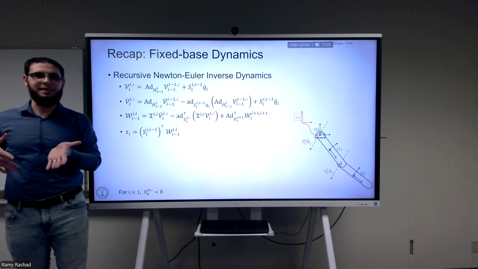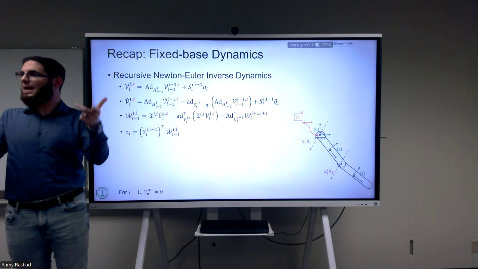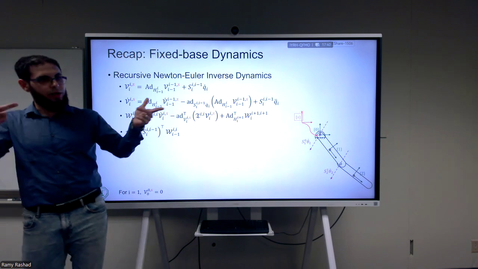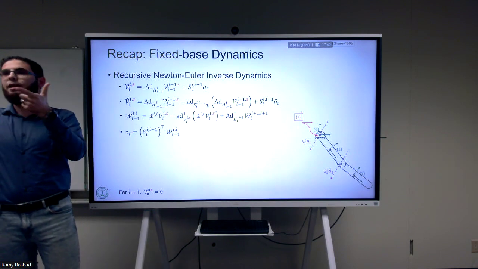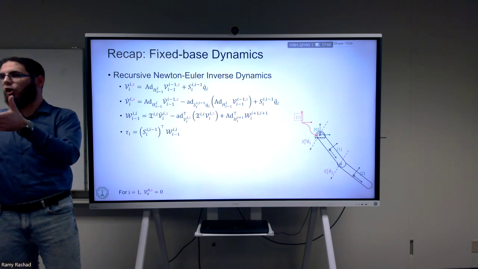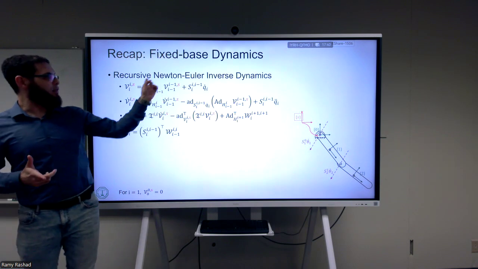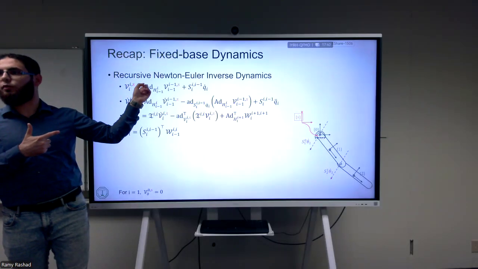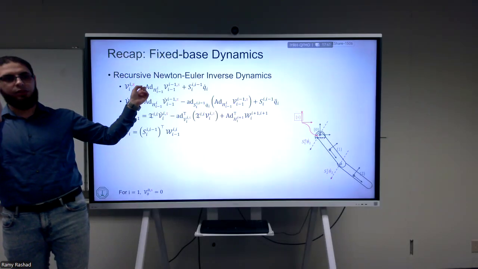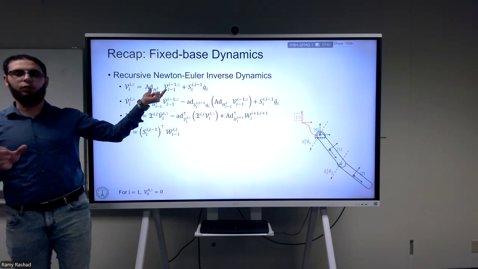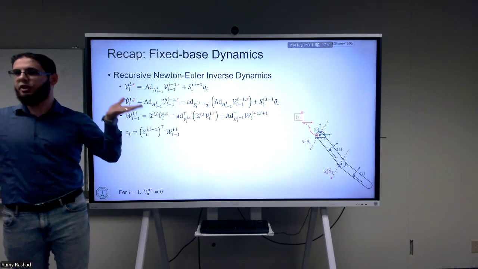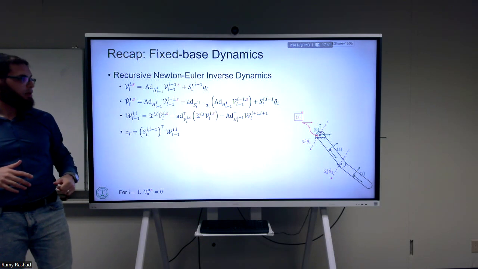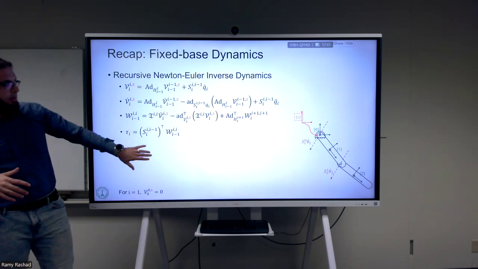It should be 0, 6 zeros, because the 0 frame is the S frame, so there is no relative twist between them. They are both the same frame, they are not moving. This simplified things a lot. You can imagine that this will not be the case when we talk about floating base. This is the only thing that will change, and it's only this part that will make things change a lot, as you're going to be seeing in the end.